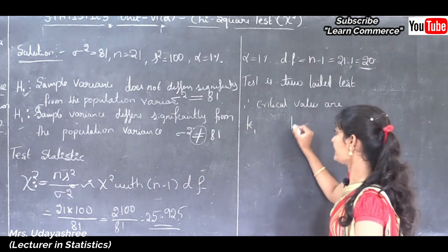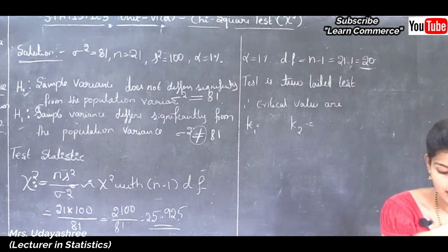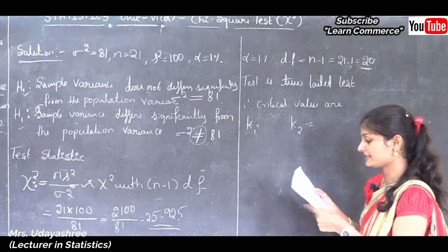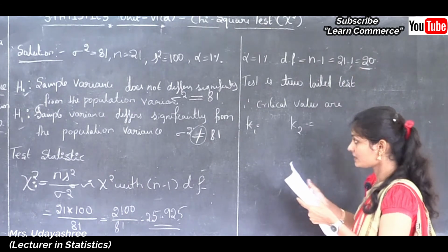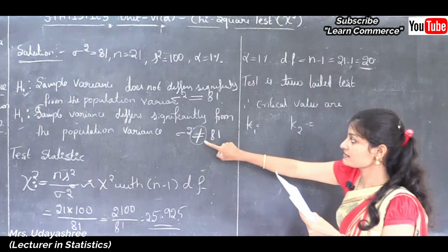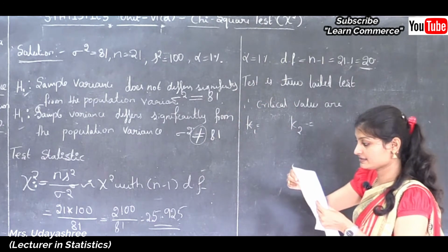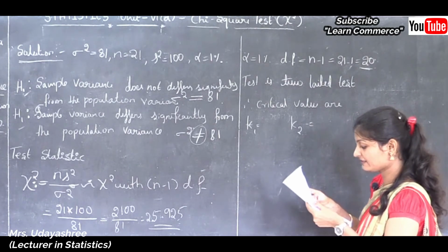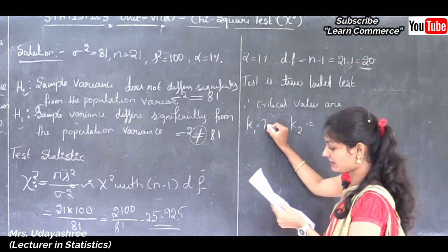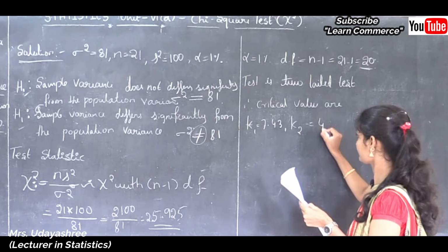Therefore the critical values are K1 and K2. In the statistical table, the degrees of freedom is 20, the level of significance is 1%, and this is a two-tailed test. So the critical values are 7.43 and 40.